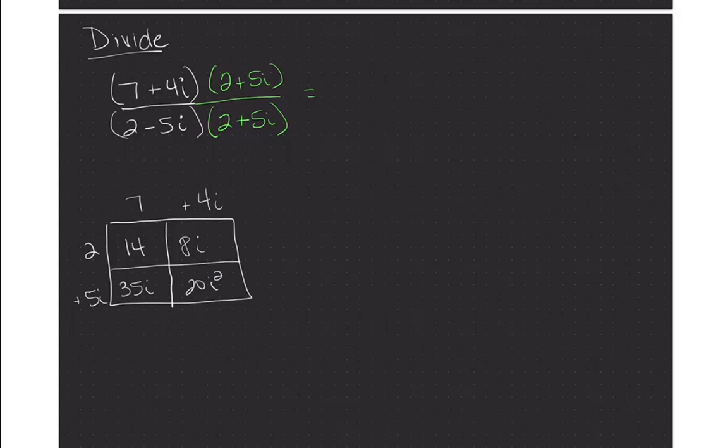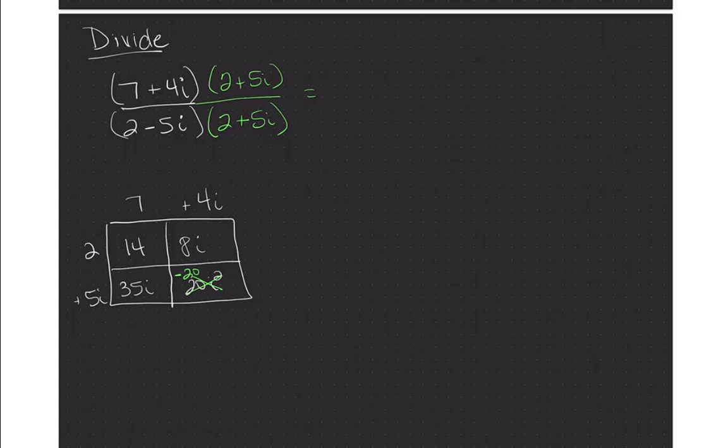Because I know my i squared is negative 1, this is actually going to be negative 20. If you want, you can do that. Sometimes I do it just to save some space, but by no means do you have to. You can write the whole thing out.